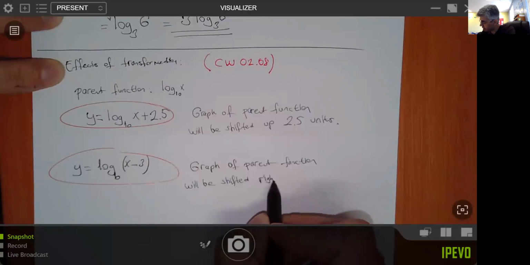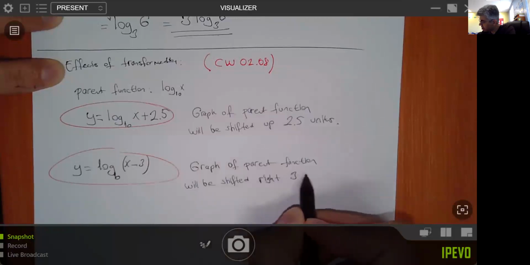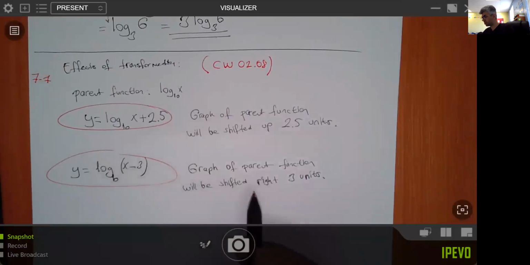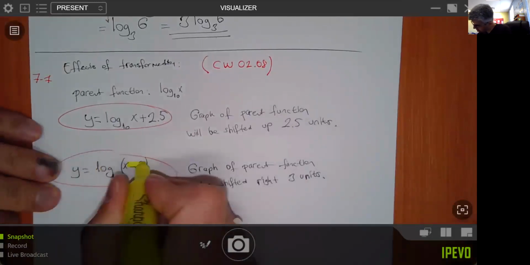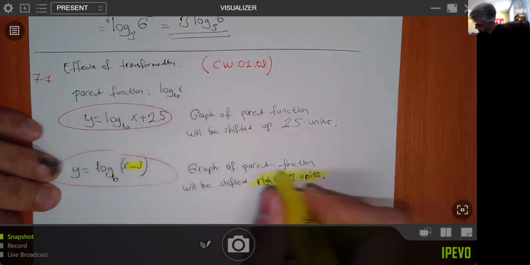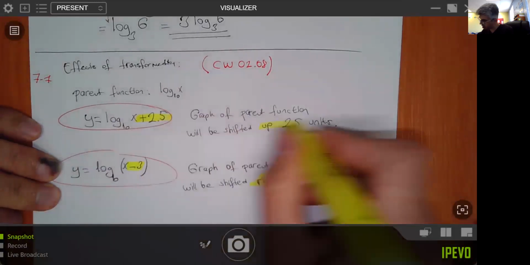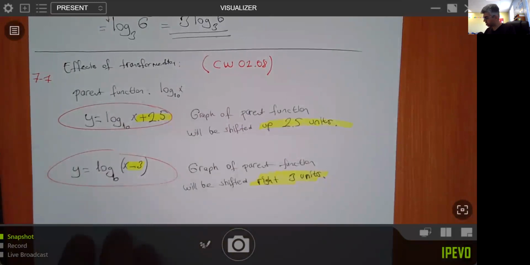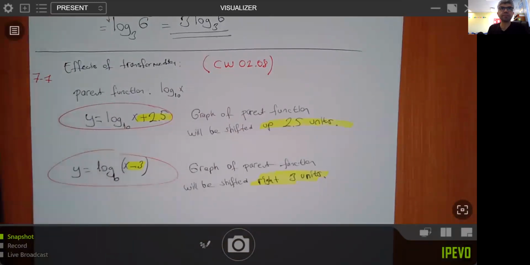Right. How many units? 3 units. If it's minus 3, we shift it right. So right 3 units. It's plus 2.5, so it is up 2.5. So this is the third question type. There will be a question like this.